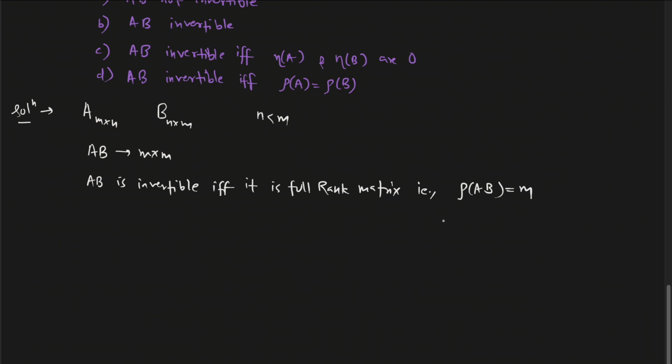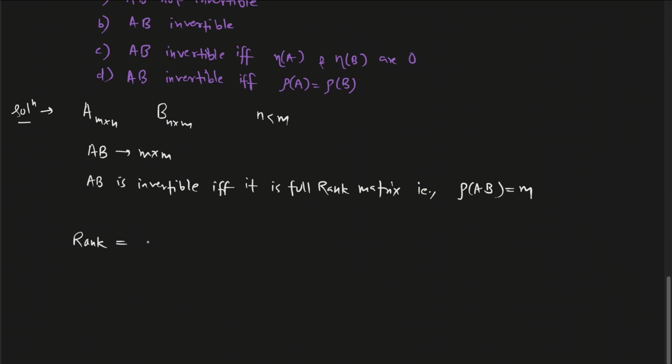And what is rank? Rank is nothing but the dimension of the column space, that is the number of linearly independent column vectors. So basically we need to check the rank of AB. So what is rank?